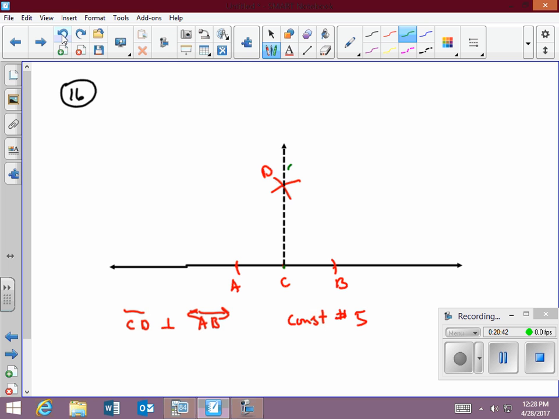I remember seeing something about 30, 60, 90 triangles and trying to find them now. What I have to do is get this side C over 2, and I've got to get this side as C through construction.